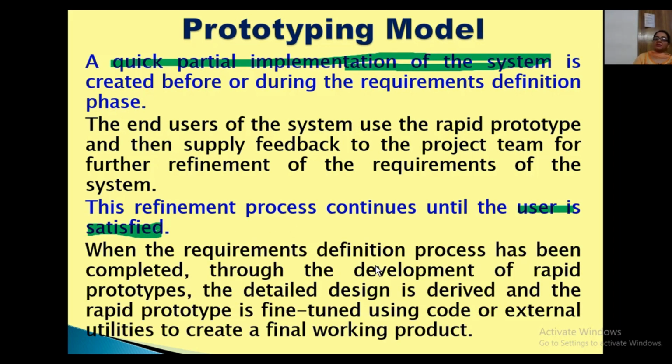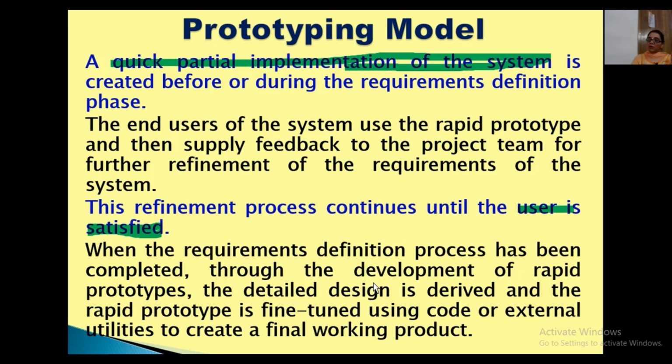When the requirements definition process has been completed through the development of the rapid prototypes, the detailed design is derived and the rapid prototype is fine-tuned using code or external utilities to create a final working product. That is why we divide the entire prototyping model into 2 cycles basically.